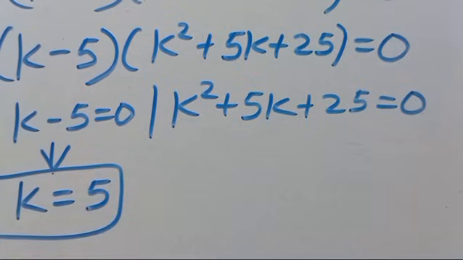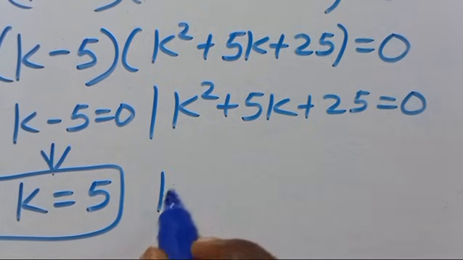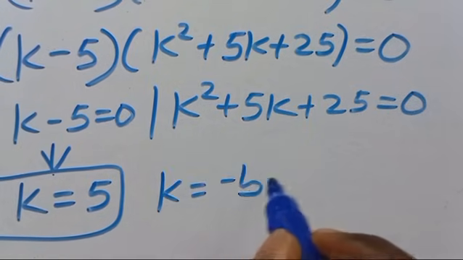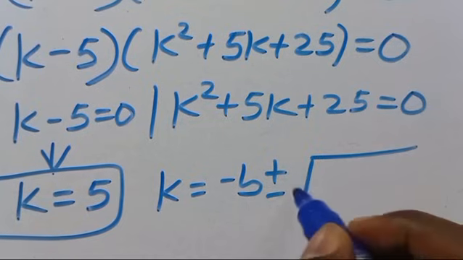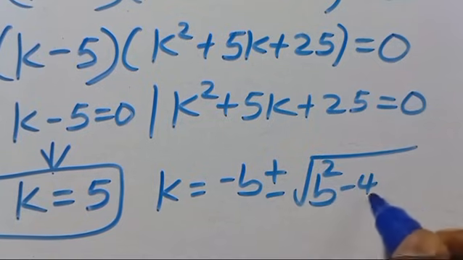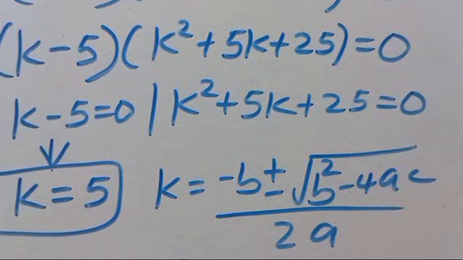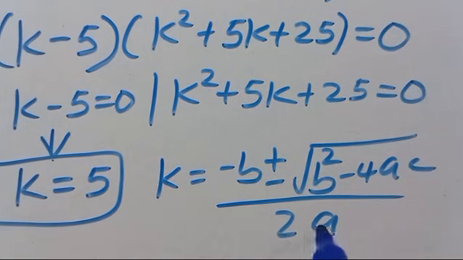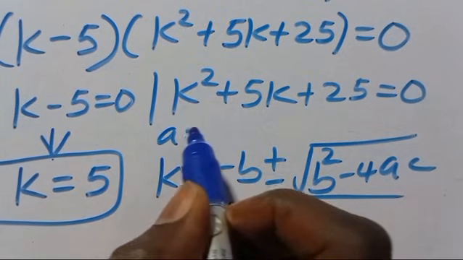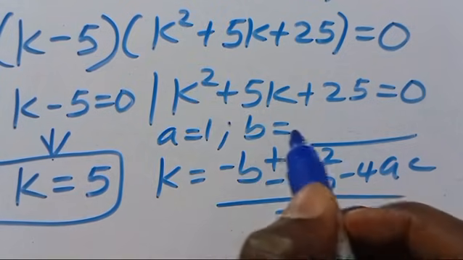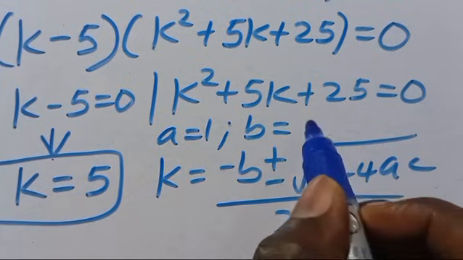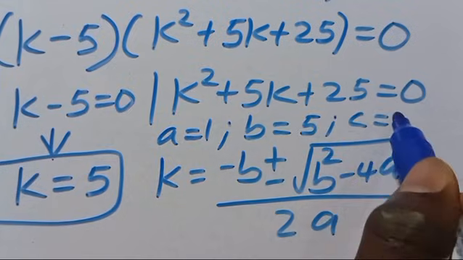This is another solution. So recall that we can also get the possible value of k by introducing k equals minus b, positive or negative, root of b squared minus 4ac, then all divided by 2a. So we have the parameter a, the coefficient of k squared, which is 1, then parameter b, the coefficient of k, which is 5, then parameter c is 25.